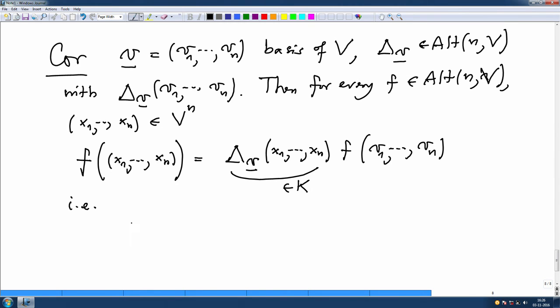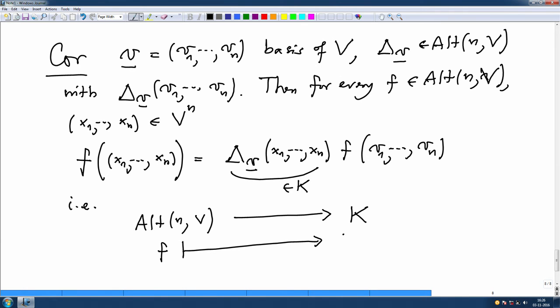That means we can give a map from Alt^n V to k, any alternating form f maps to f of V1 to Vn. This is an isomorphism, a k-linear isomorphism. In particular, it is one dimensional.